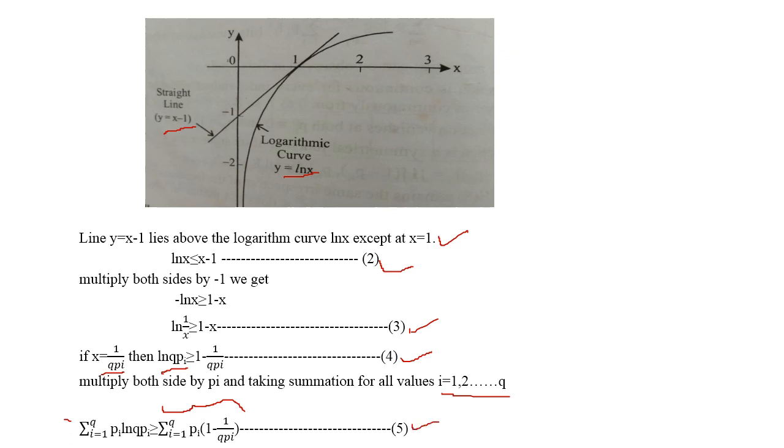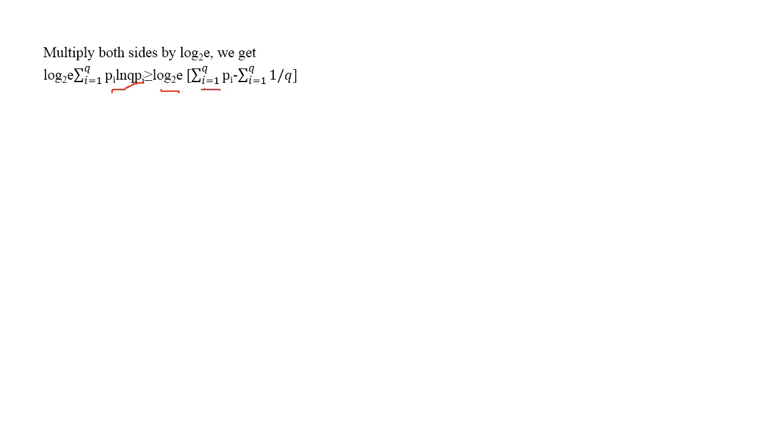Let this be equation number 5. Next we'll multiply both sides of the equation by log 2 e. So we get log 2 e summation i = 1 to Q of Pi ln Q Pi greater than or equal to log 2 e times summation of Pi minus summation i = 1 to Q of 1 by Q.